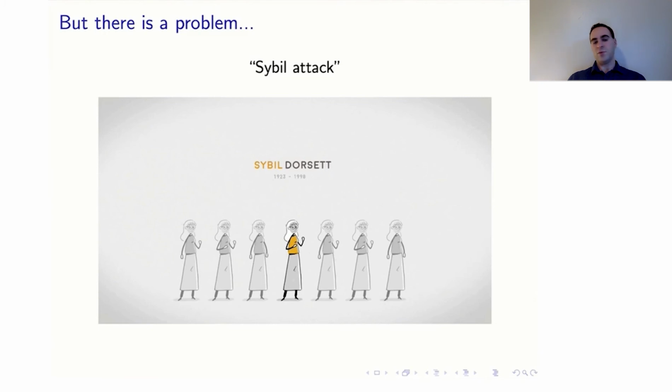It's named after Sybil Dorset. An agent with multiple identities can try to manipulate the system. And convex pricing is very susceptible to Sybil attacks, because if I can split my purchase across multiple identities, I will lower my costs. So in order for this to work, we have to have some way of keeping track of people's identities. And Sybil attacks are a whole area of research in general.